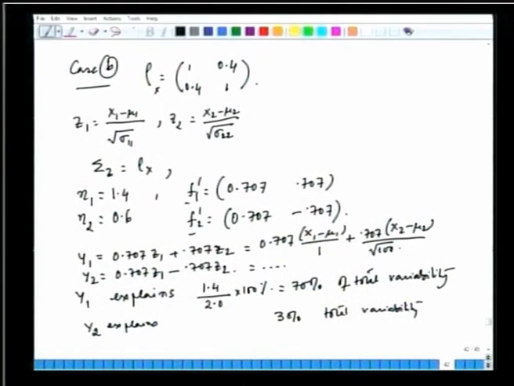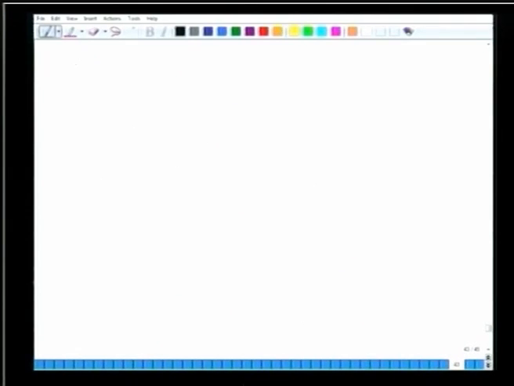Let us look into the correlation coefficient part also. The correlation coefficient rho of y1 with x1: I have to consider the first element of the first vector of f, that is 0.707, and then the root of the first eigenvalue calculated from the correlation matrix, eta 1, which is root of 1.4, and then the variance of x1, which is actually equal to z1, and the variance here is nothing but 1.